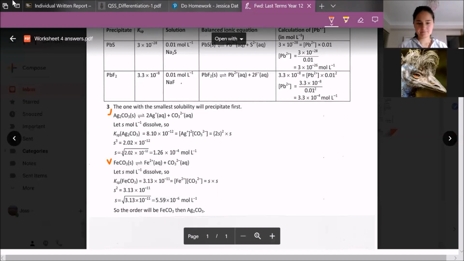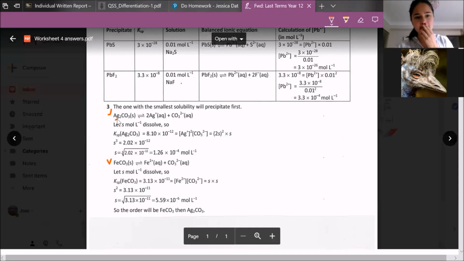So we're going to have aqueous plus carbonate, so CO3. Why have they put 2 Ag? Is it because it's 2 minus and that's plus? All right, makes sense. So right here, can you see that in our product we've got 2 Ag?